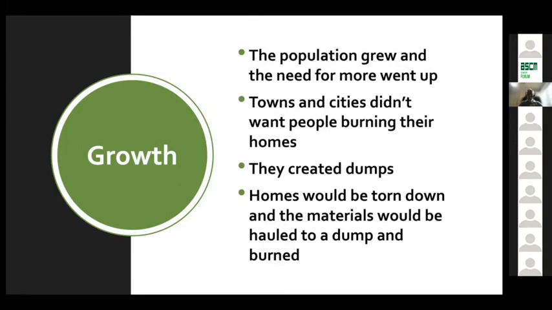They didn't want people putting their garbage in their backyards in compost because it didn't smell good. It drew critters, and so they said, no, you can't do that anymore. Put that in the dump as well. So then the homes would be torn down and the materials would be hauled to the dump, and then they'd burn that material and turn it into ash, but the ash would be in the dump and not in the areas where people live.